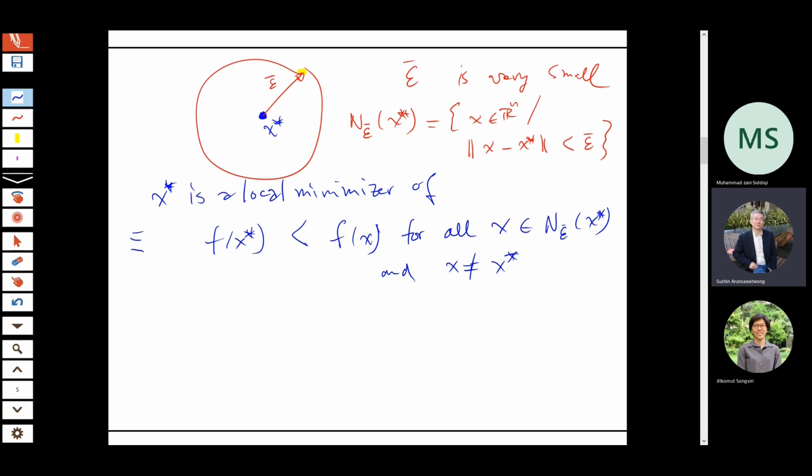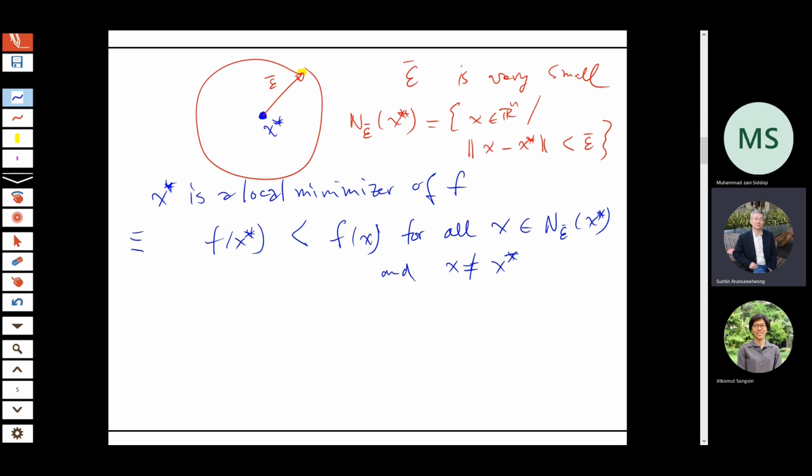This is by definition. We already saw this definition at the introduction of this chapter. Just to remind you, this is the definition of a local minimizer of f. If you agree with me on this, then I'll move on.